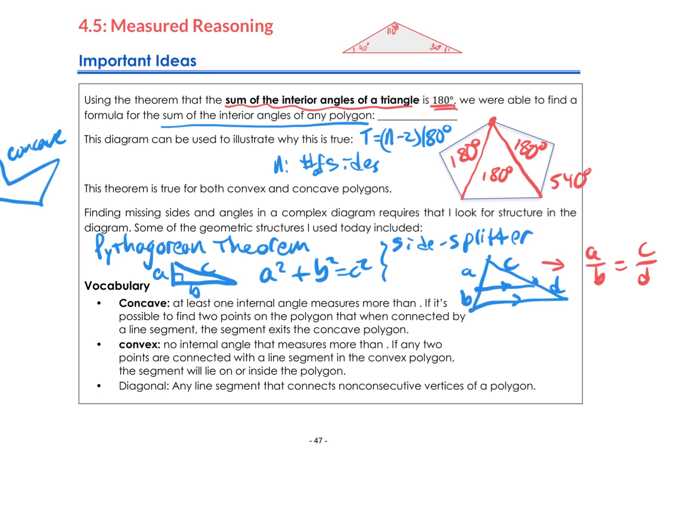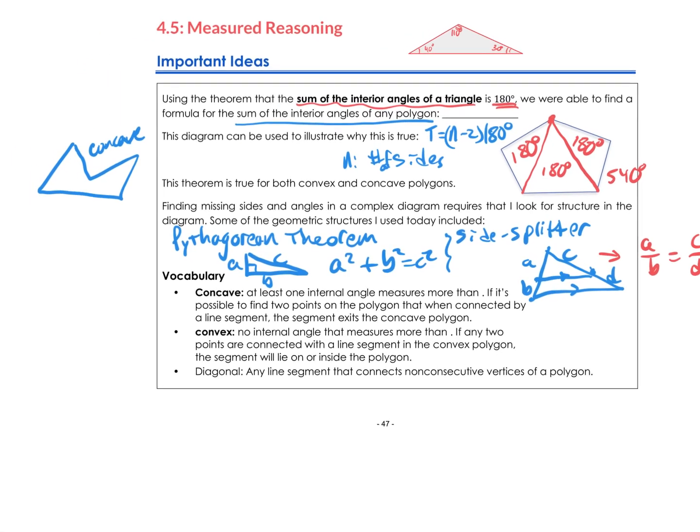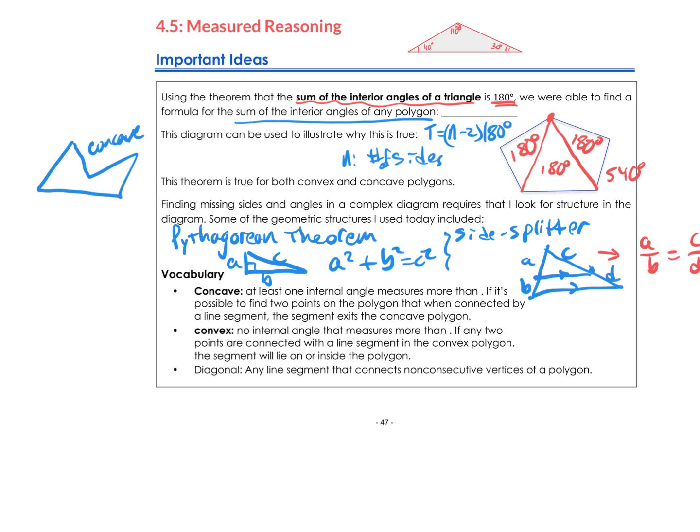All right. Okay, so here's some vocabulary for you. Concave, like we just said, means that at least one of the internal angles is more than 180. It's possible to find 2 points of the polygon that when they're connected, there's a line segment outside. That's another way to say that.